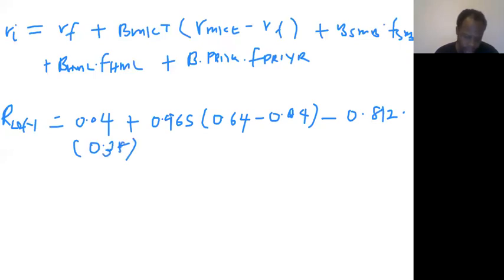And the third beta was 0.089 multiplied by the factor return of 0.48.